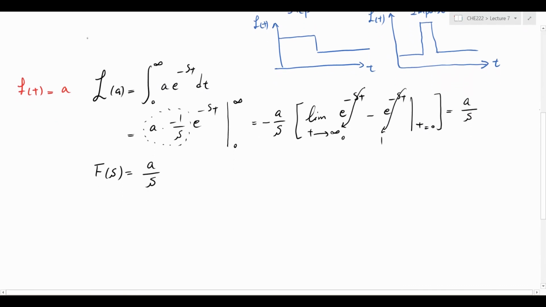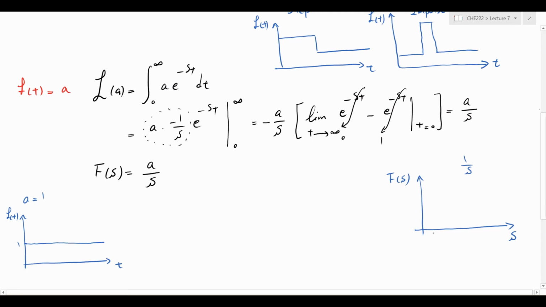To give you a perspective, I will draw these two functions, f(t) and F(s), for a equals 1. So f(t) will be something like this, and F(s), which is the Laplace transform of f(t), and as I said, is in the new domain, the frequency domain, which is s, will be 1 over s.